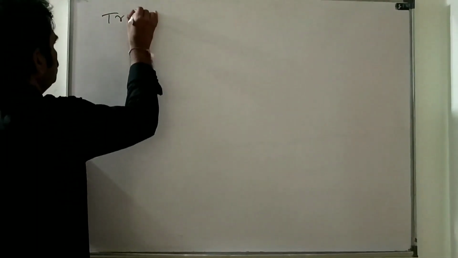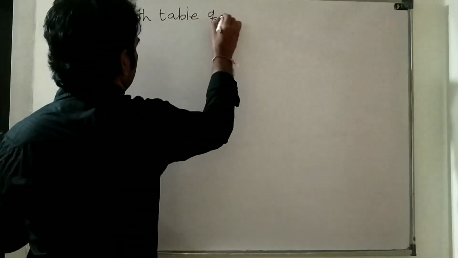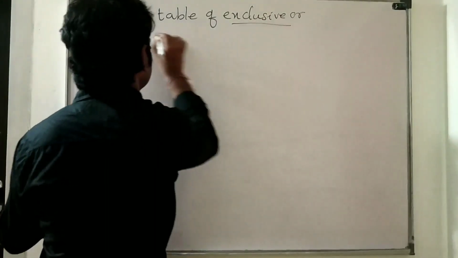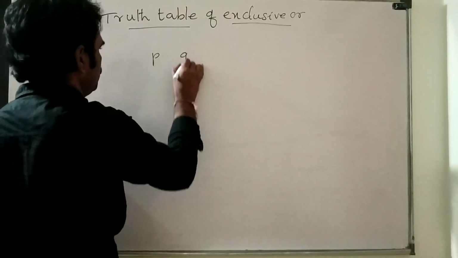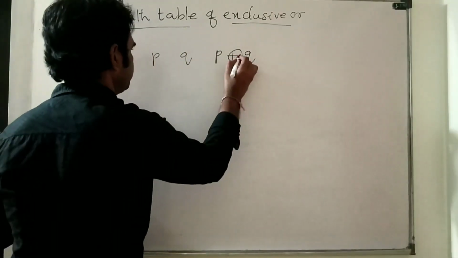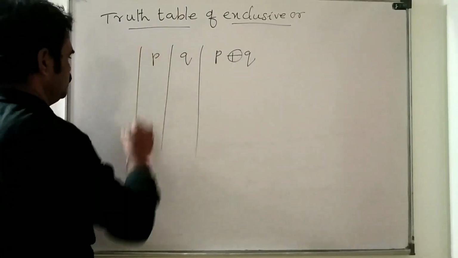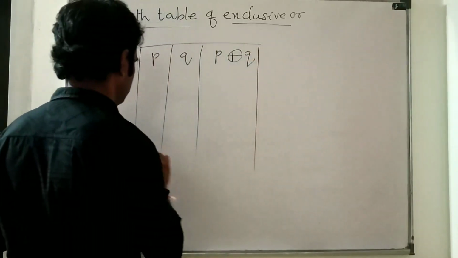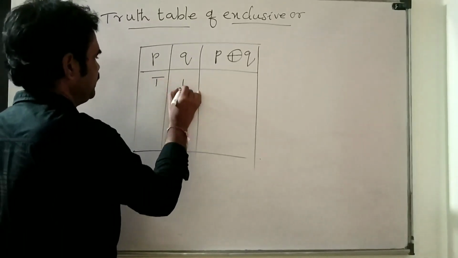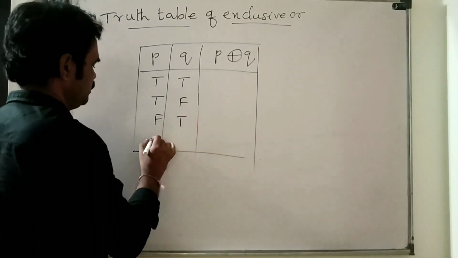Truth table for exclusive OR. P, Q, P exclusive OR Q. Write the possible truth values of P, Q: TT, TF, FT, FF.